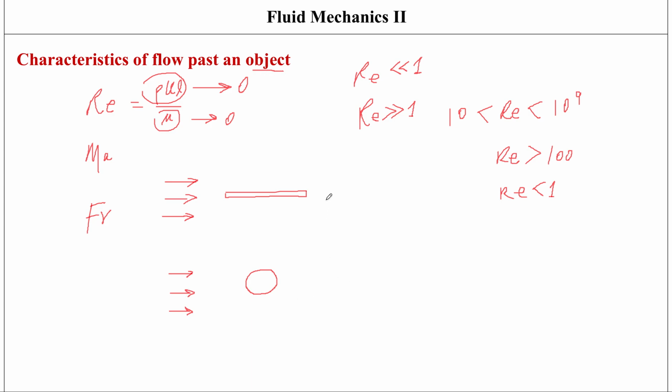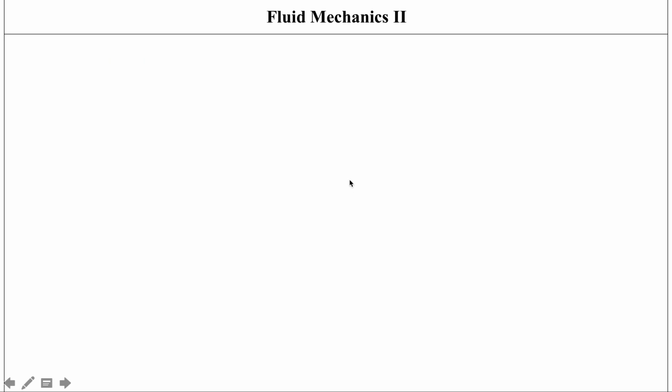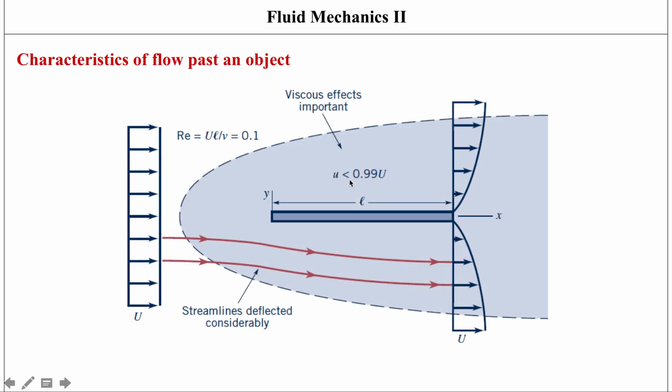So first we're going to look at flow past this flat plate. And to do that, we're going to move on to a case where the Reynolds number is really small, only 0.1.